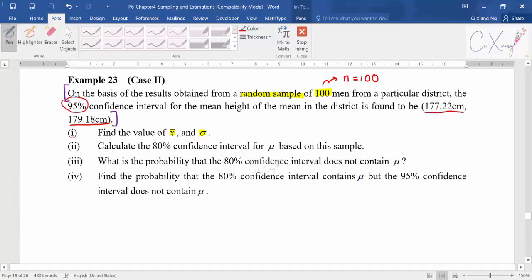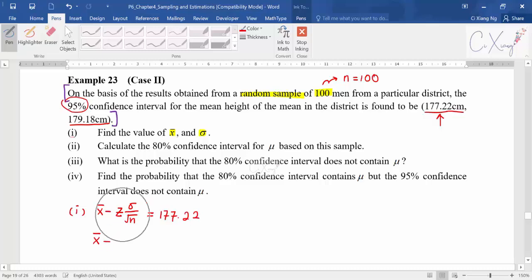For this one, you just need to solve simultaneous equations. To get the 177.22, the formula is x̄ minus z times sigma over square root n, which equals 177.22. The sample mean you don't know.